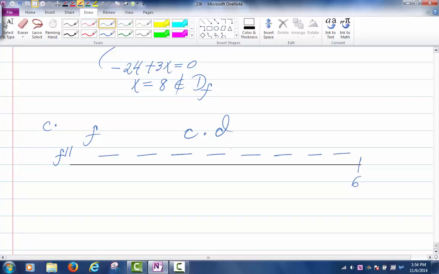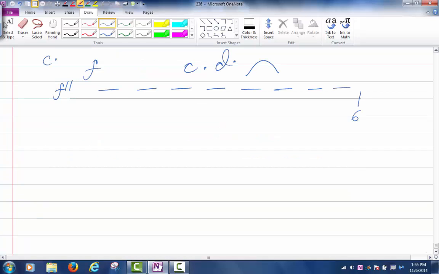Concave down throughout. Okay? That is concave down throughout this domain.